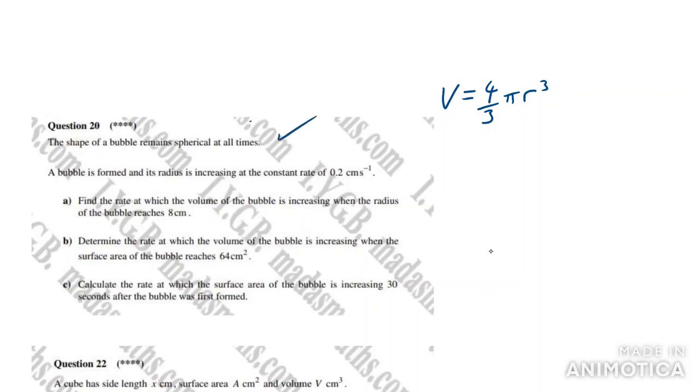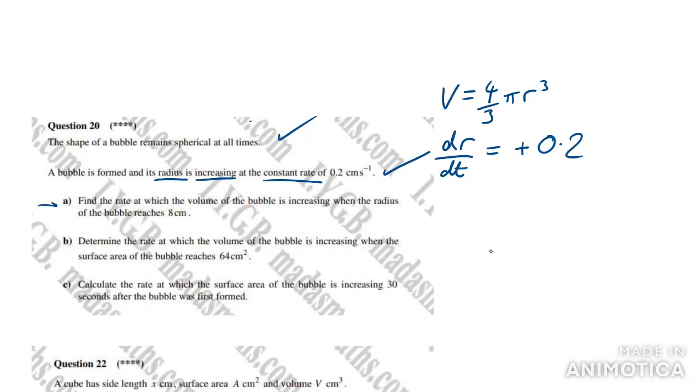And then we're told that a bubble is formed and its radius is increasing at the constant rate of 0.2 centimeters per second. So what does that mean? That means the change of the radius over time is equal to, well, it's increasing, so plus 0.2. So that sentence is done.